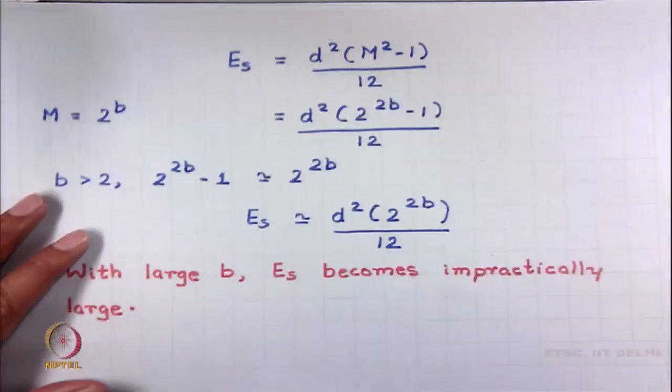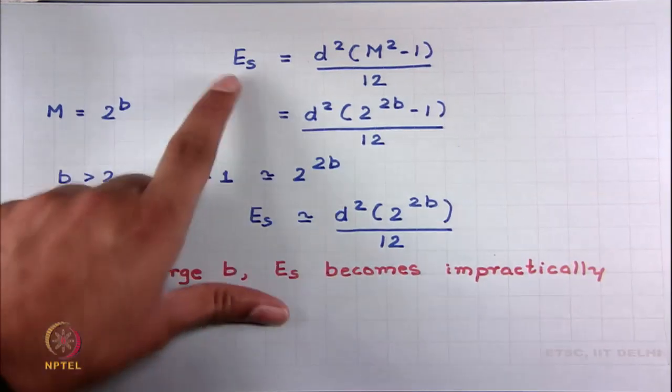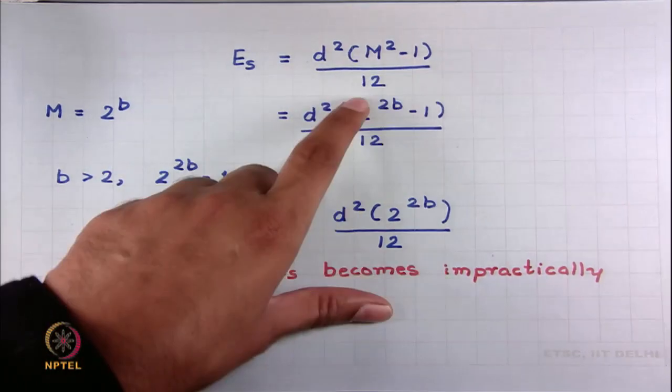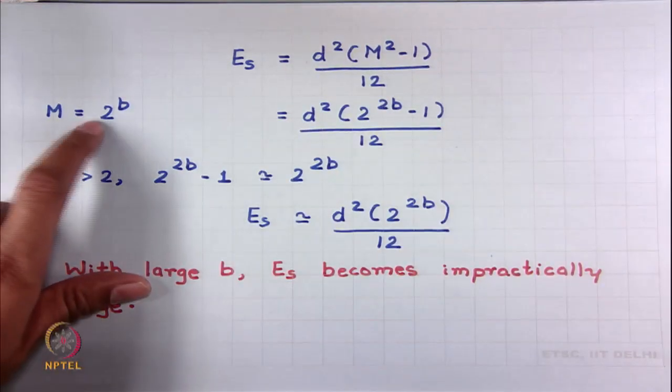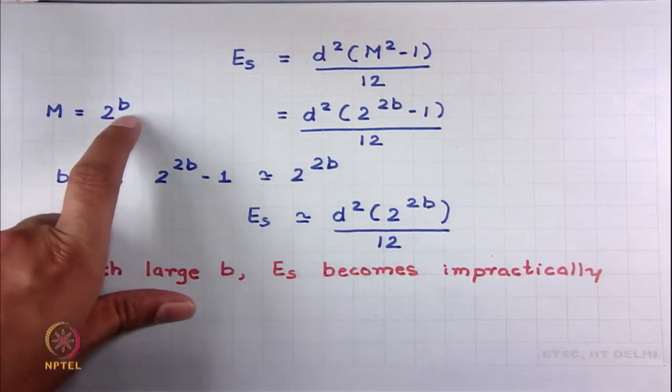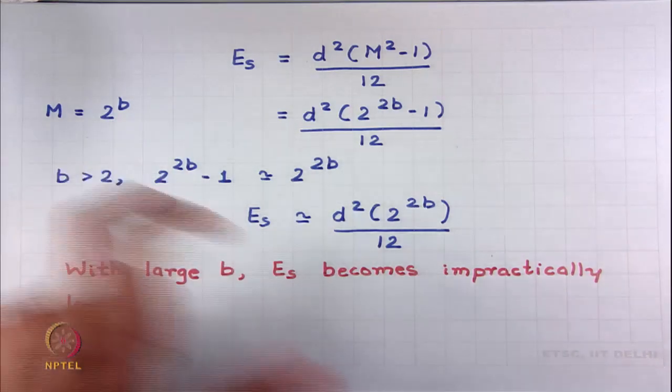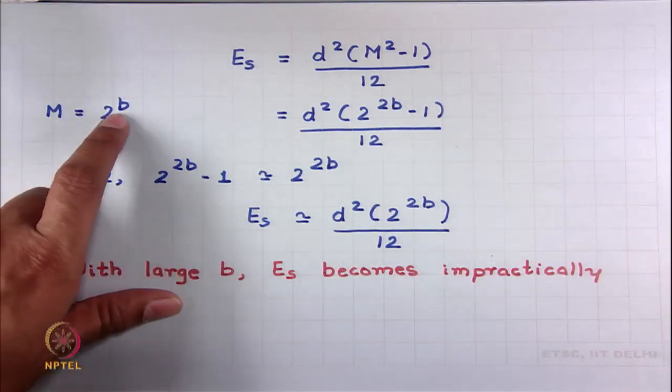Let us work it out a little bit more. So, we have said average symbol energy is d square times m square minus 1 by 12, and m we know is 2 to the power b, where b is the block length, right. So, remember that we are taking a group of b bits at a time and we are converting this group into a symbol.